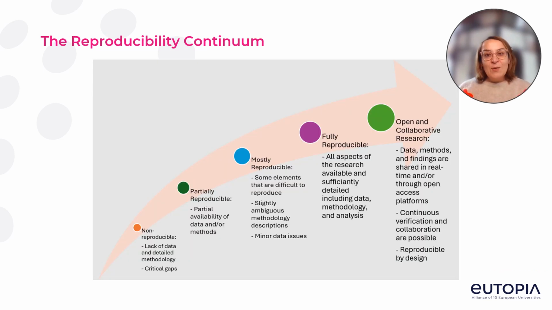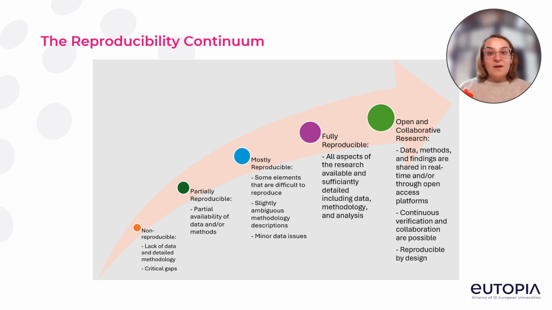There are many ways and levels to make your research reproducible, depending on whether you can share your original data, code, and/or detailed and complete documentation. And we call this the continuum of reproducibility.